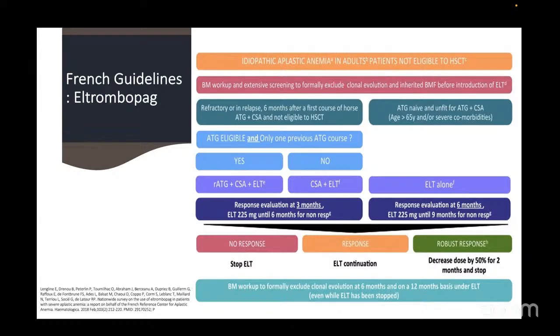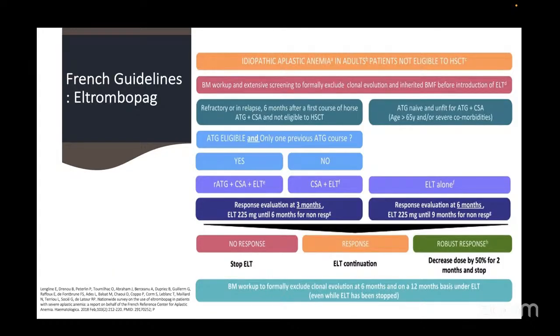So there were two cohorts in how they used it, and in patients who were refractory to all of these, the response evaluation was done at 3 months, and if the response was not obtained, it was continued for up to 6 months in non-responders. At the end of 6 months, if there is no recovery of counts, then they stopped eltrombopag. If there is any response, then they continued eltrombopag even at 6 months.